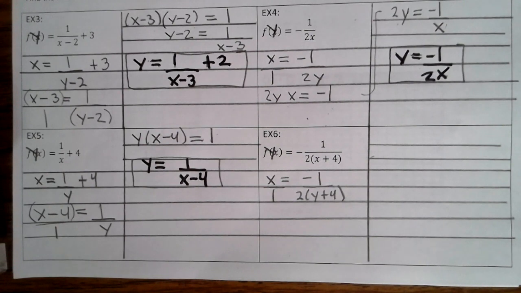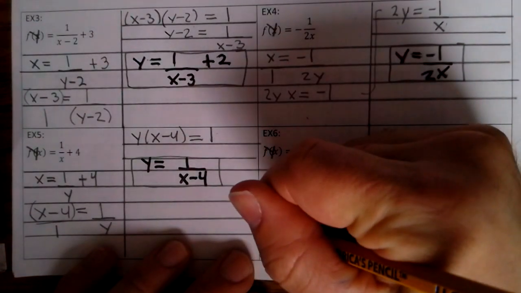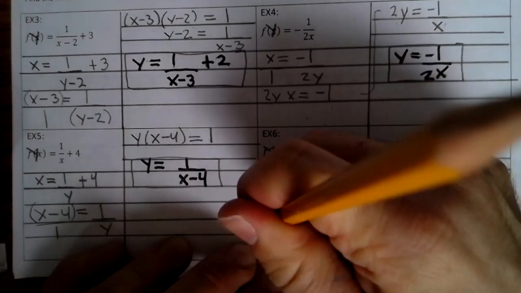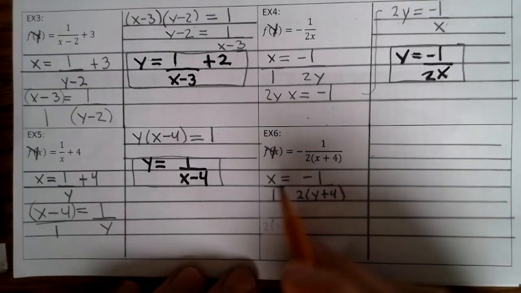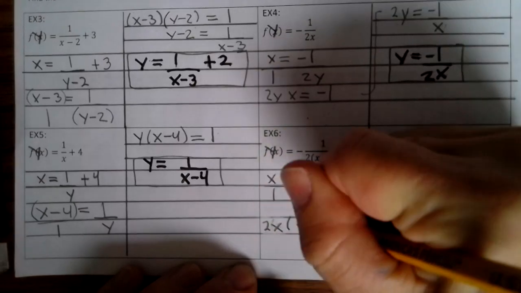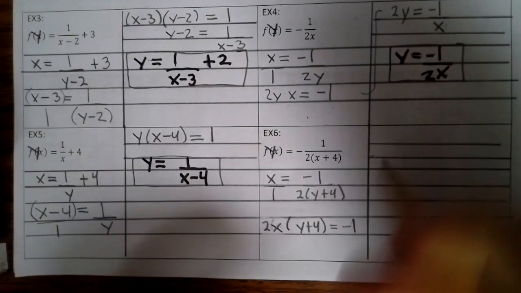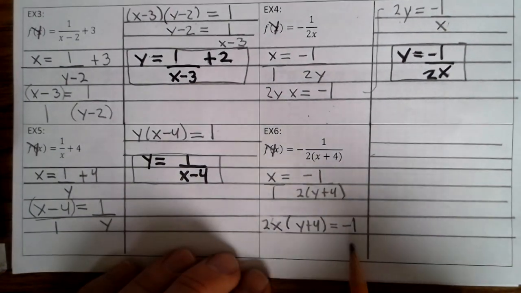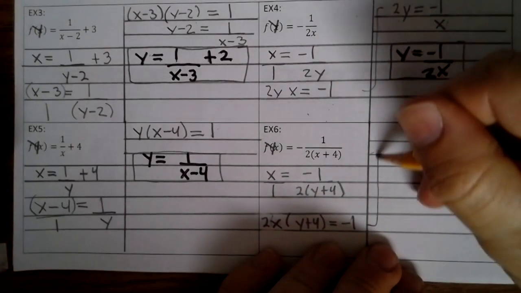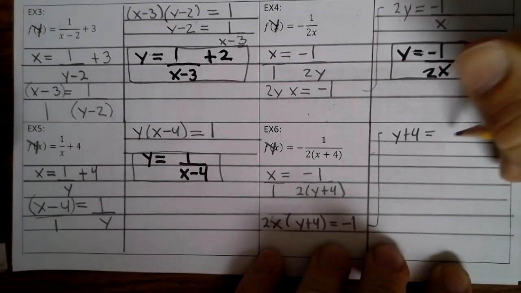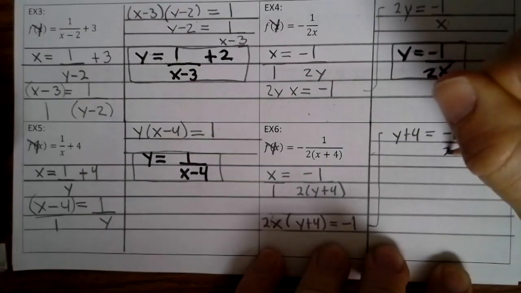So 2x times y plus 4 equals negative 1. Now you want to divide both sides by 2x. So you get y plus 4 equals negative 1 divided by 2x. Subtract 4 from both sides. So y equals negative 1 divided by 2x, minus 4.